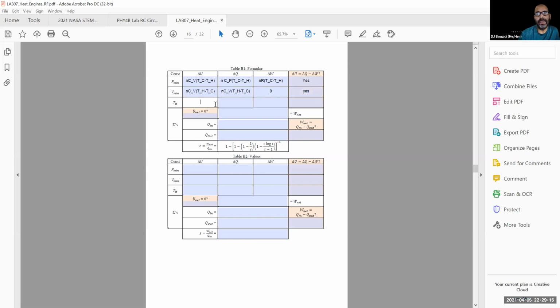Now, at T hot, it's an isothermal process, so there is no change in the energy. And it's going to be N R T underscore hot ln the ratio of Vmax over Vmin.